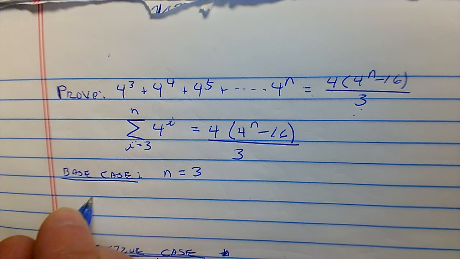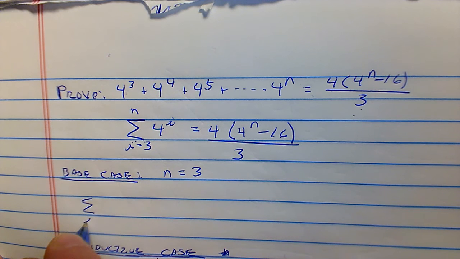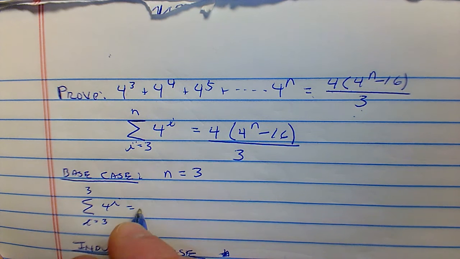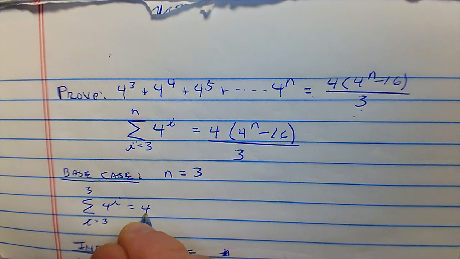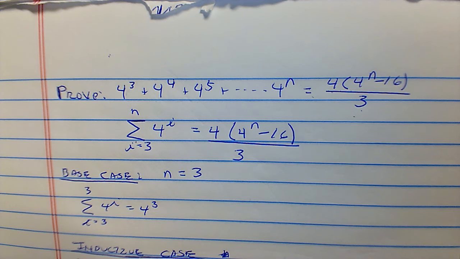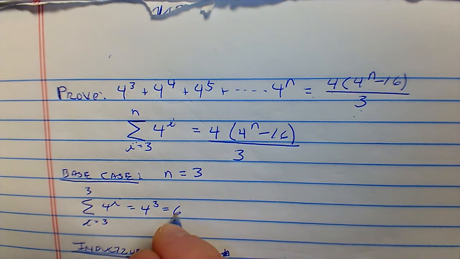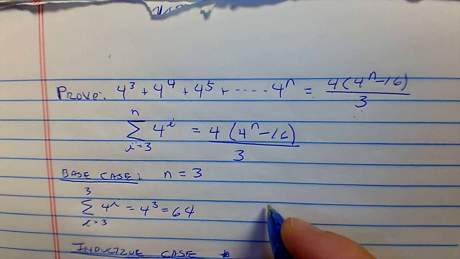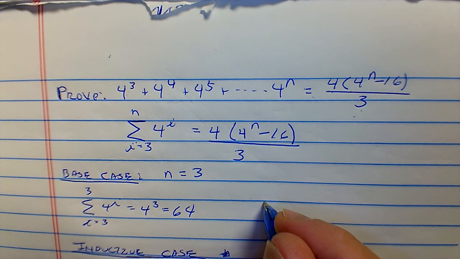So you see on this one, our base case starts at 3. So what we're doing is we're going to look at when we start at 3 and finish at 3. So we're just looking at 4 to the third. Now 4 to the third is 64, which is really the left-hand side of our expression. Let's look at it when we are using the formula, however.